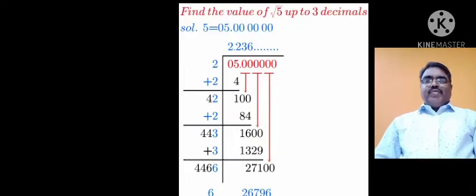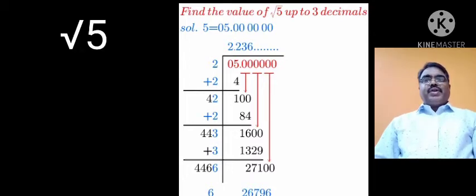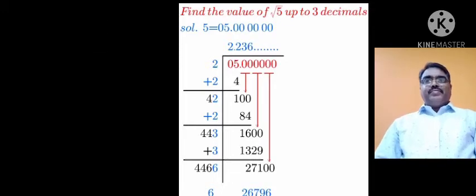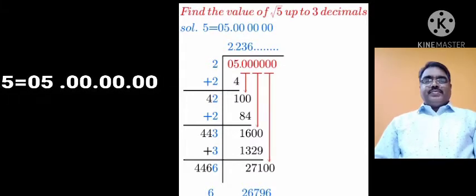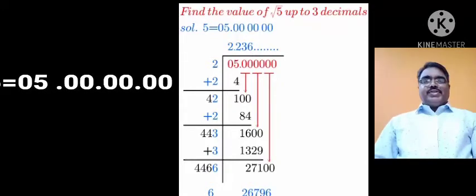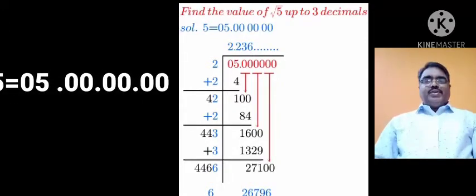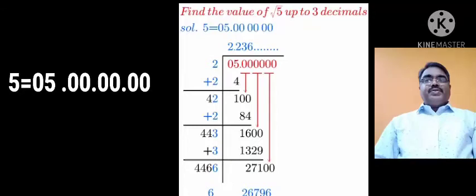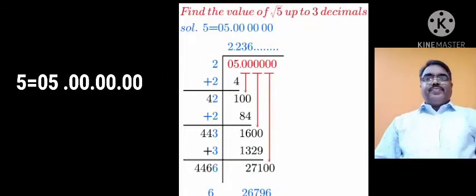Find the value of square root of 5 up to 3 decimal places. Square root of 5 is an irrational number. It is a non-terminating and non-repeating number. So find the value of square root of 5 up to 3 decimal places. 5 can be taken as 05.000000.